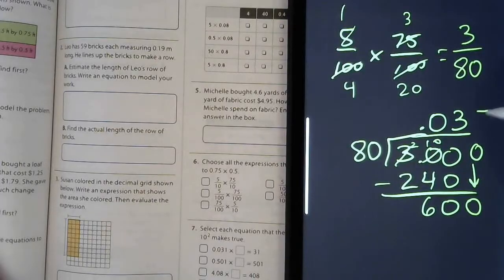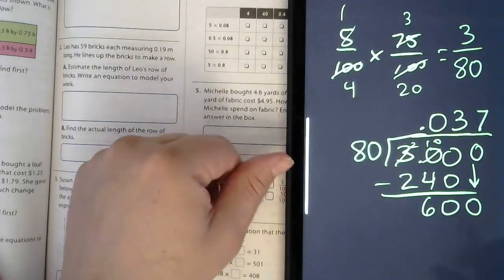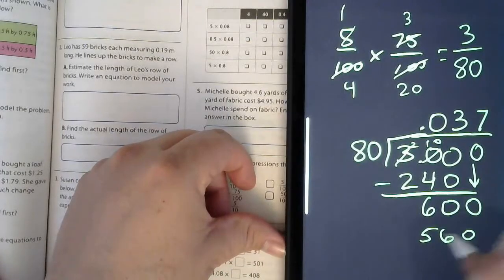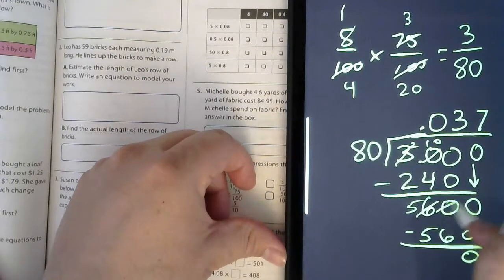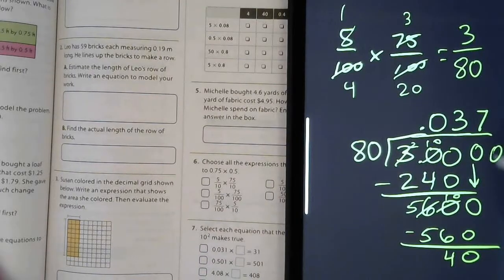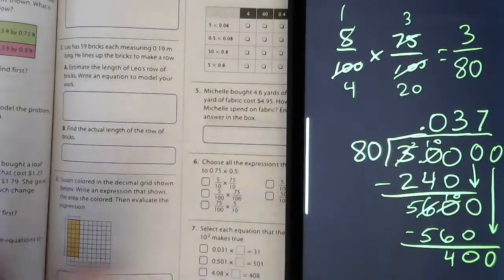We'll say 7 times. 7 times 8 is 56, so 7 times 80 is 560. We have a 0. Borrow. 10 minus 6 is 4. Right? And we can keep on going and going. We'll add that 0, bring it down. 80 does go into 400.